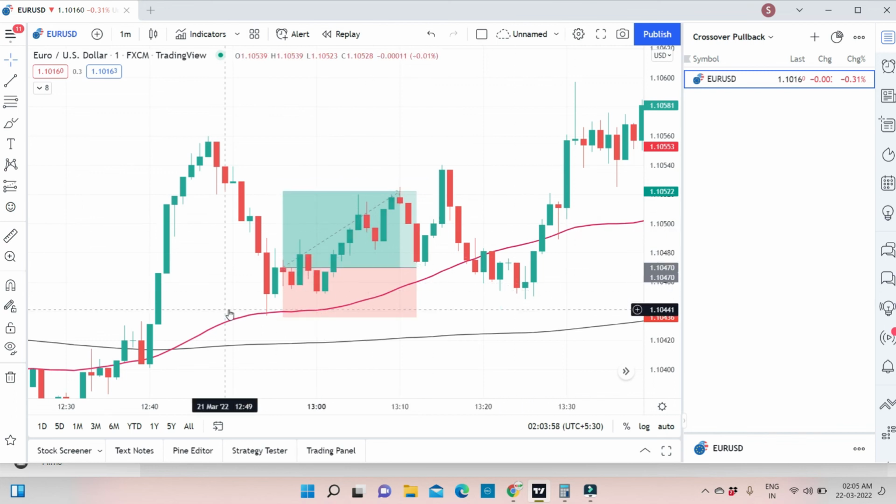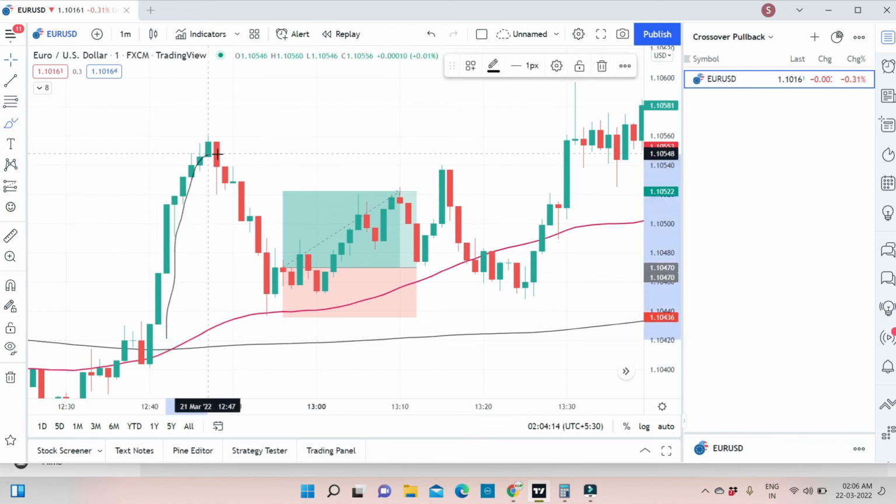So this is how it works. It's quite simple, guys. Whenever the 50 moving average line is crossing above the 200 moving average line, we're going to go for a buying trade, okay, at the pullback. You have to remember, we will take a buying trade at a pullback. This is a pullback, if you see. So we're going to take a trade at the pullback.